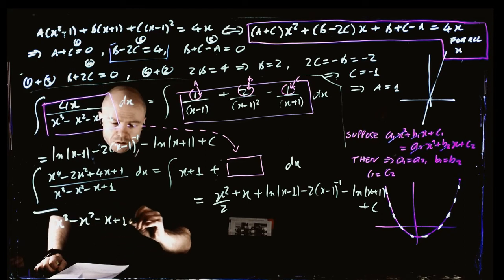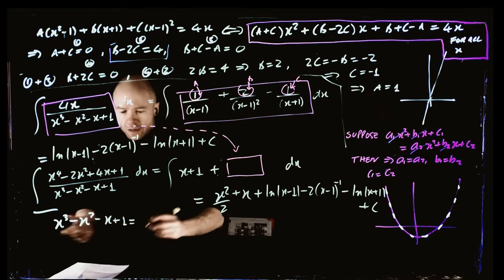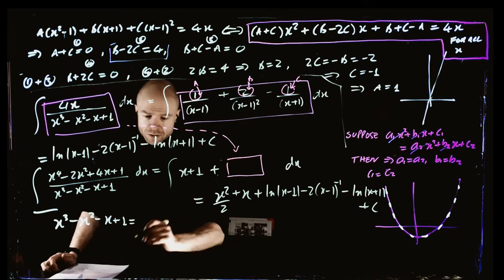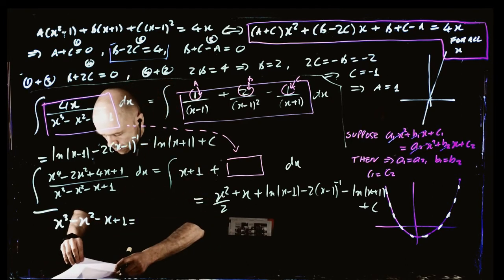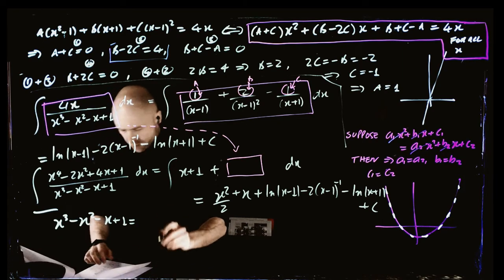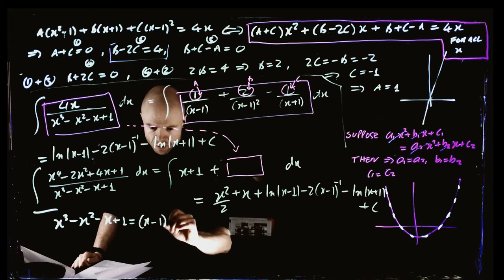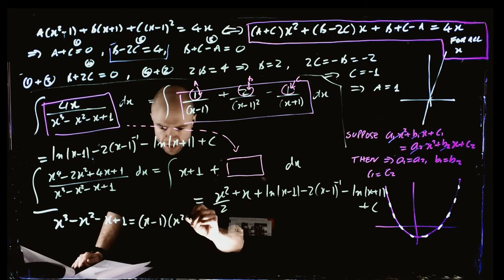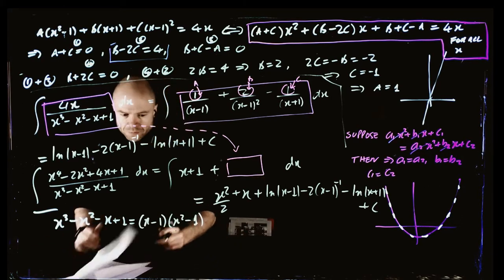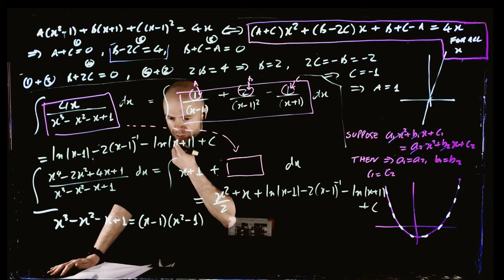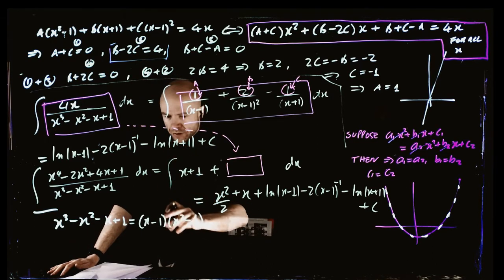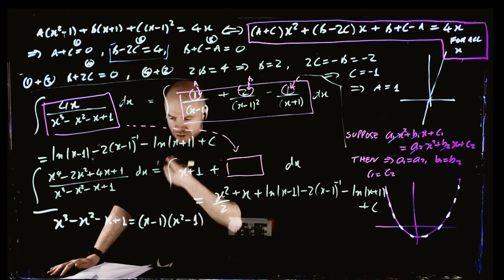And we found that this thing we could factor as x minus 1, x squared minus 1. If you multiply out these terms, you can see that you get what you need. You're going to have an x to the 3, a minus x squared, and then you have a minus x and a plus 1. So this is clearly the right thing.